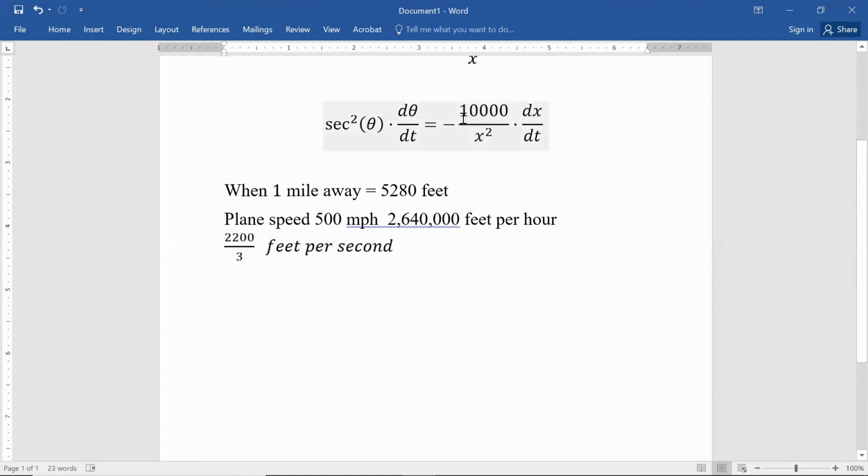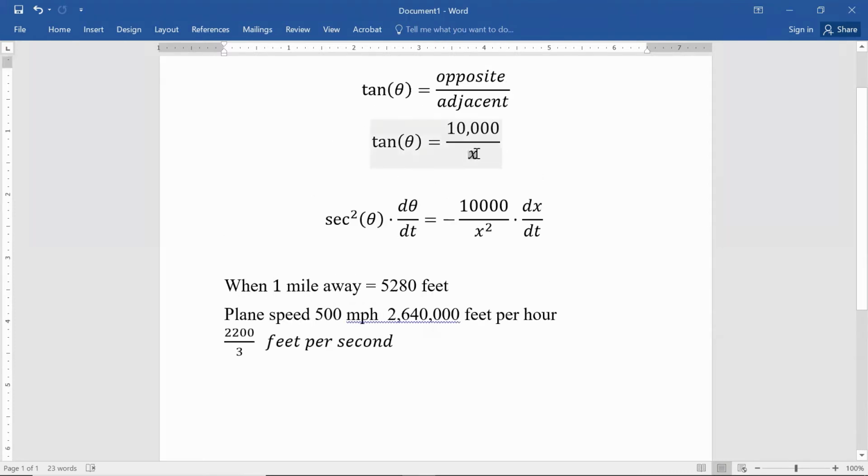All right, so when we're 1 mile away, that's 5,280 feet away. Remember, that was our x. That was our adjacent side. We can plug that in for our x in this equation.